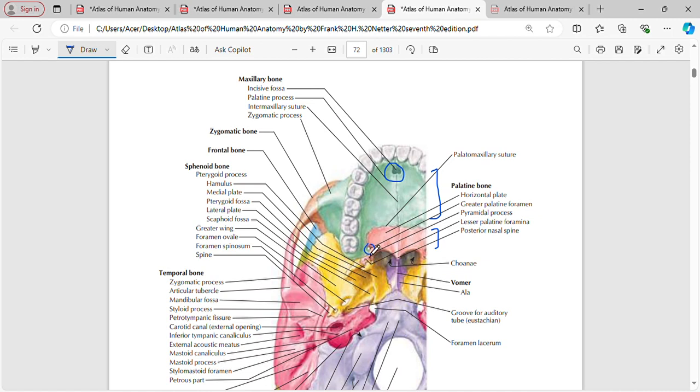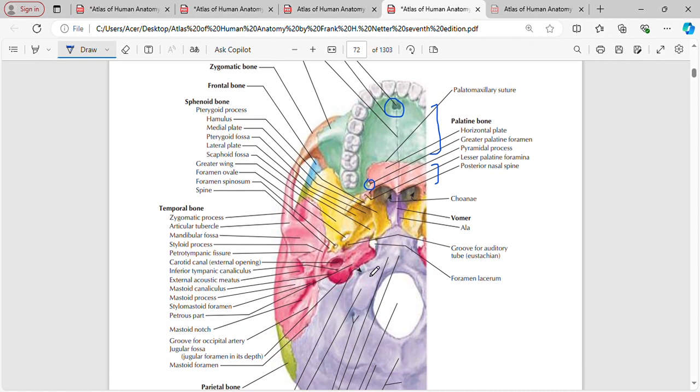If you can see this greater palatine foramen, it allows the passage for the greater palatine nerve and vessels, and the lesser palatine foramen is also present in this location. There are one or two lesser palatine foramina that allow the passage for the lesser palatine nerve and vessels, right? So we discussed the anterior structure, that is the hard palate containing the two basic bones, the palatine process of the maxilla, and the horizontal part of the palatine bone, right?